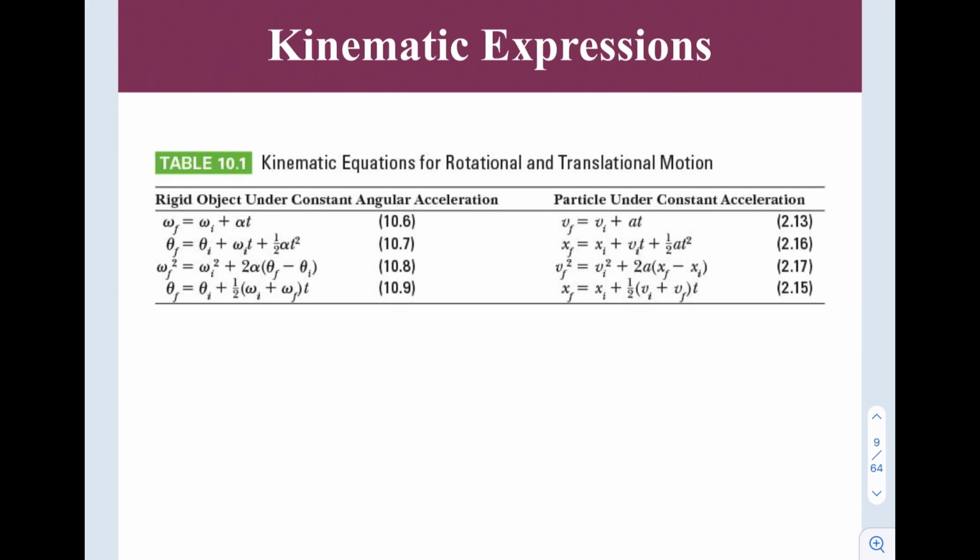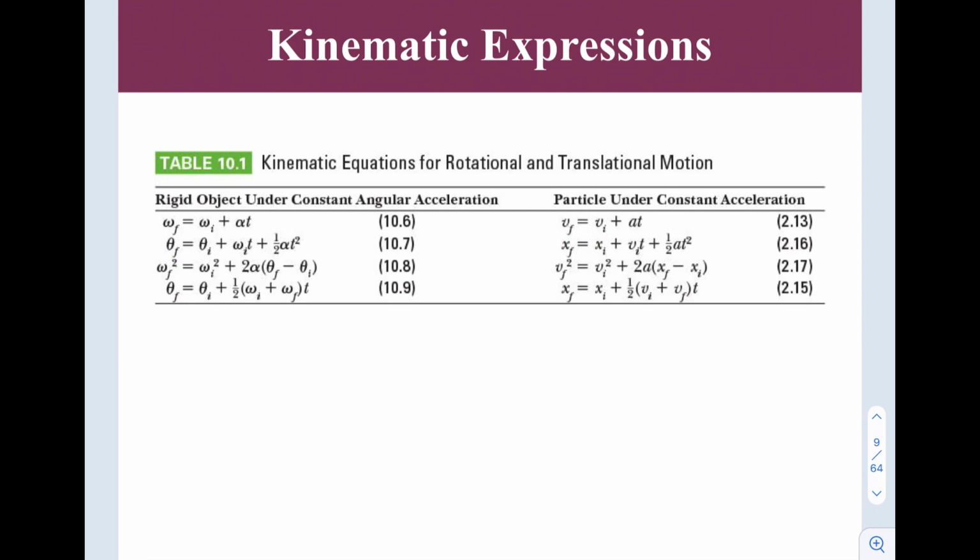So this is actually a similar analogy to a particle under constant acceleration in linear motion. This equation is approximately similar to the linear one. It's just that the terms are different because this is referring to angular motion. The unit of omega is radian per second, the unit for alpha is radian per second squared, and the unit for theta is radian.